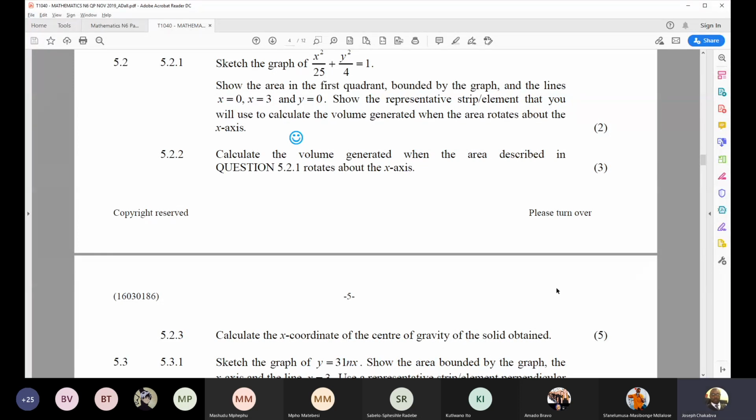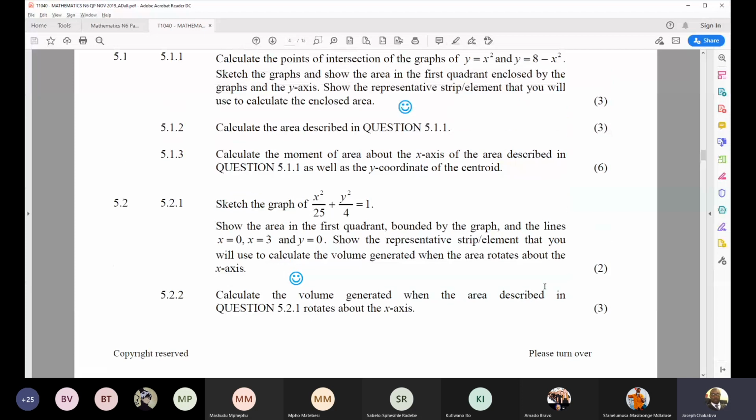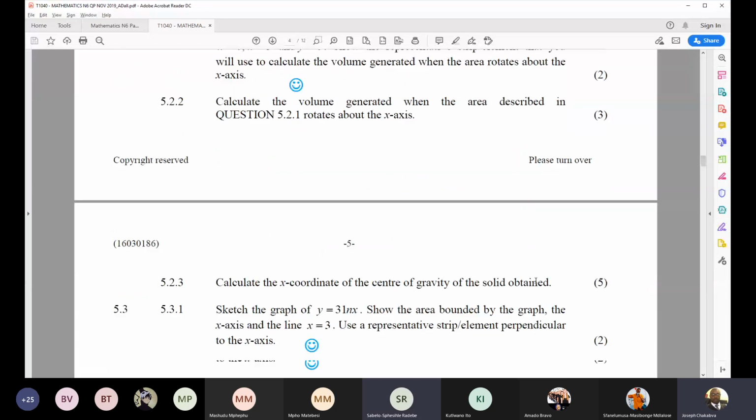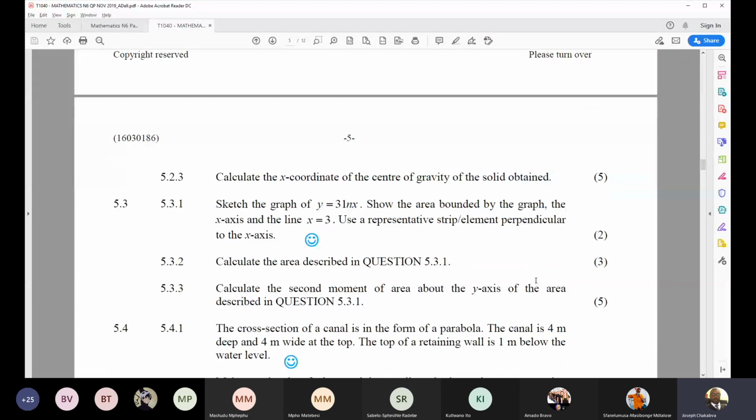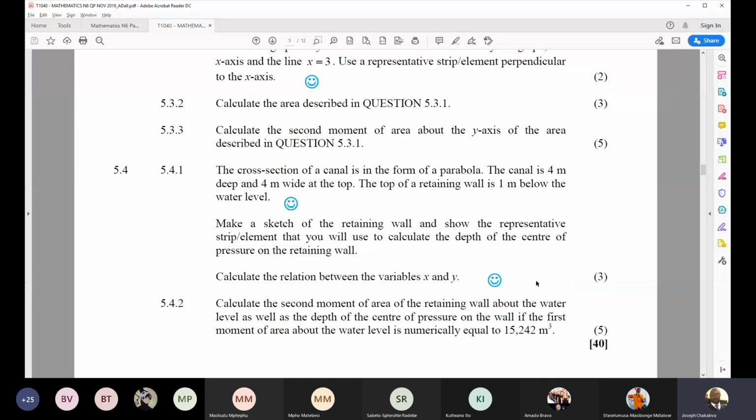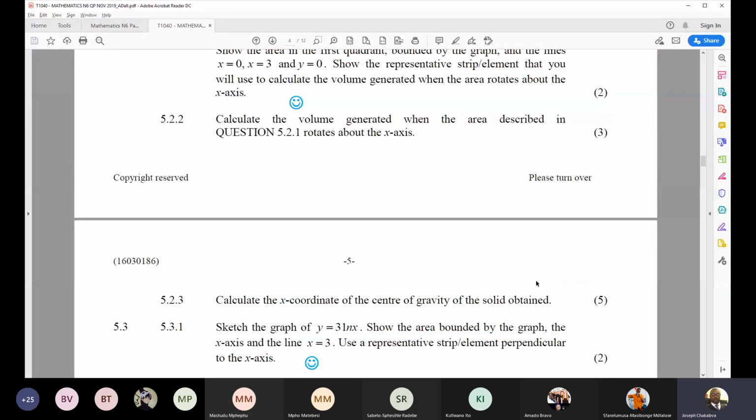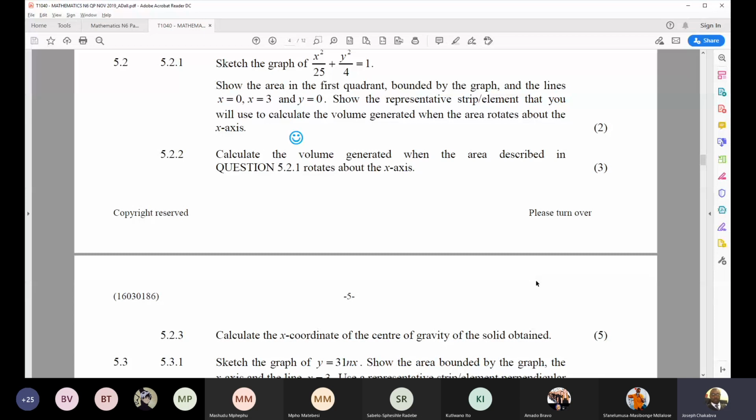So if you look, 5.2 is about 10 marks. 5.1 was 12 marks, 5.2 is 10, 5.3 is how many? 10, then 5.4 is 8. And then it gives you 40 marks.